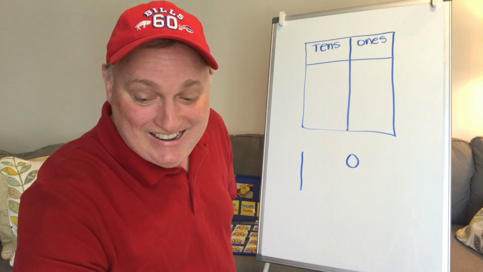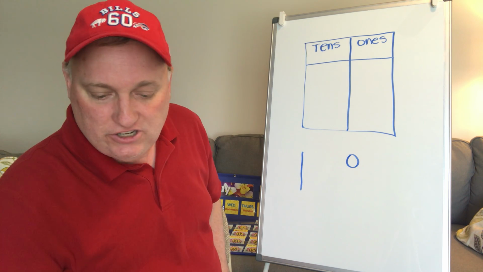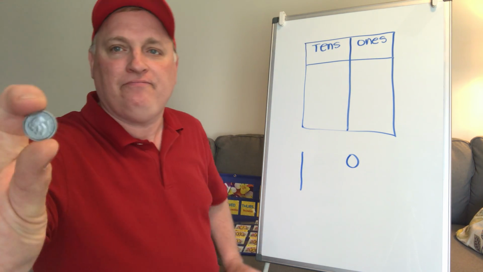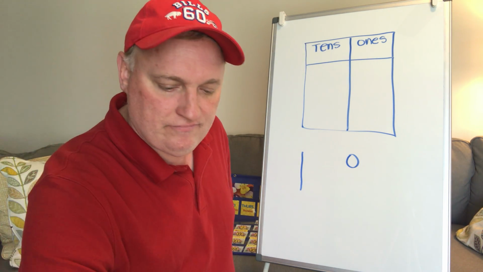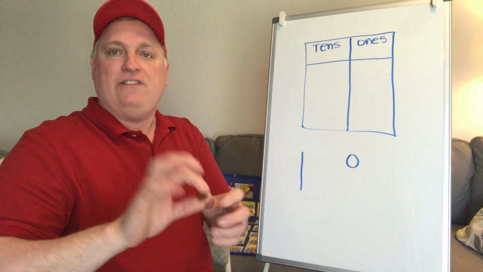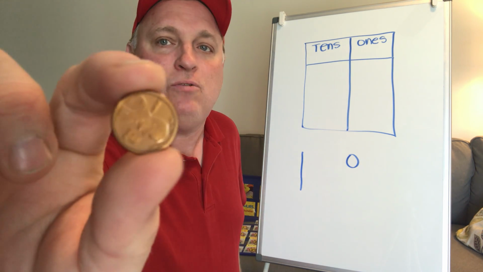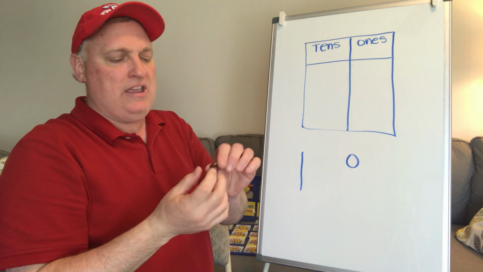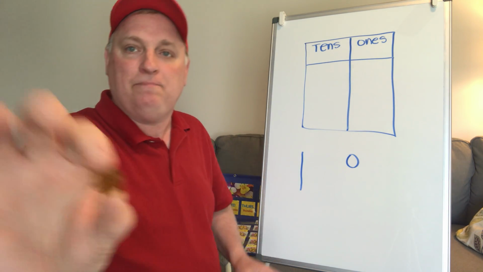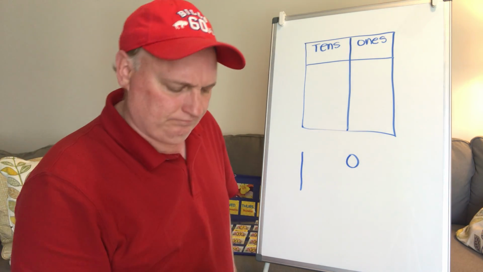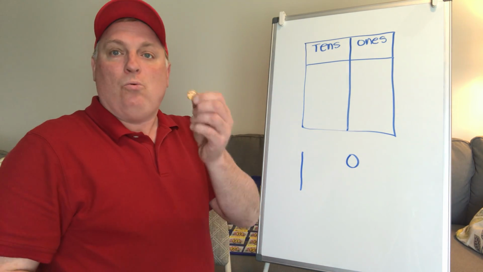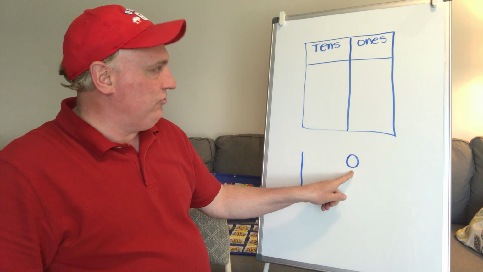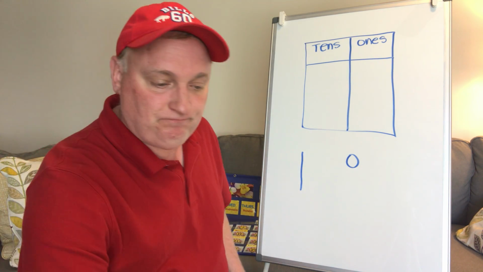So today, boys and girls, we're going to use money. And first I want to start out by explaining, do you guys know what this is called? That is a penny. Abraham Lincoln is on the penny. See him? So, 1 penny is like 1 loose 1.